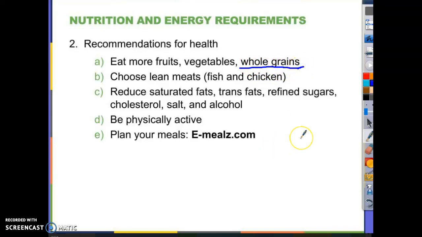It is whole grain, but it's better if you have less processed stuff. We encourage lean meats, less fats, being physically active, and planning. You can plan your meals. There's a website shared here if you want to check it out to help you plan a healthy diet. Those of you going off to college, maybe you want to take a look at that.